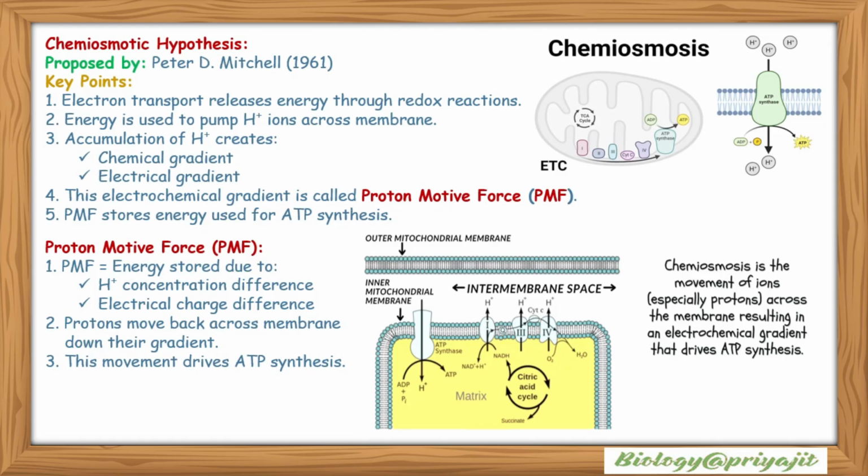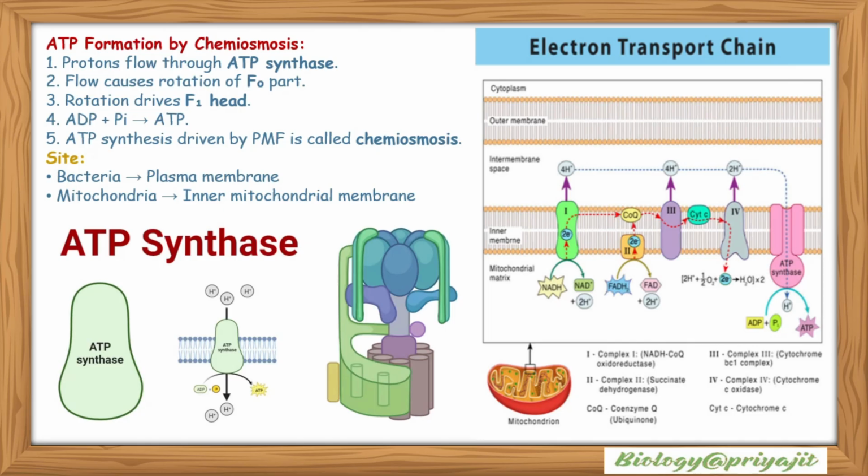So what chemiosmosis tells us is that chemiosmosis is the movement of ions, especially protons, across the mitochondrial inner membrane, resulting in an electrochemical gradient that drives ATP synthesis. ATP formation by chemiosmosis: this is the electron transport chain we know.